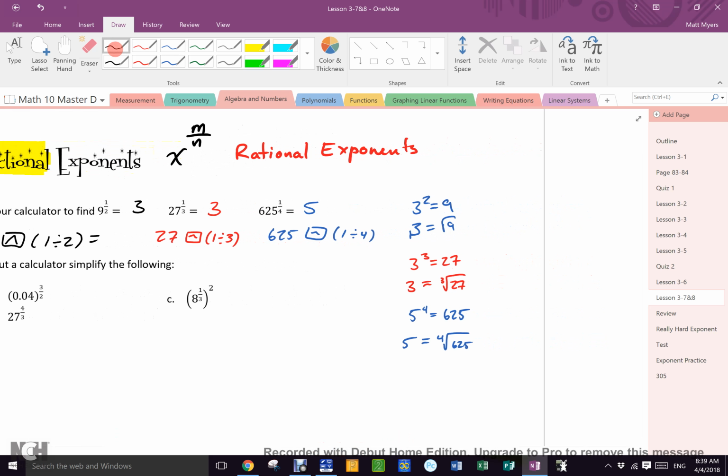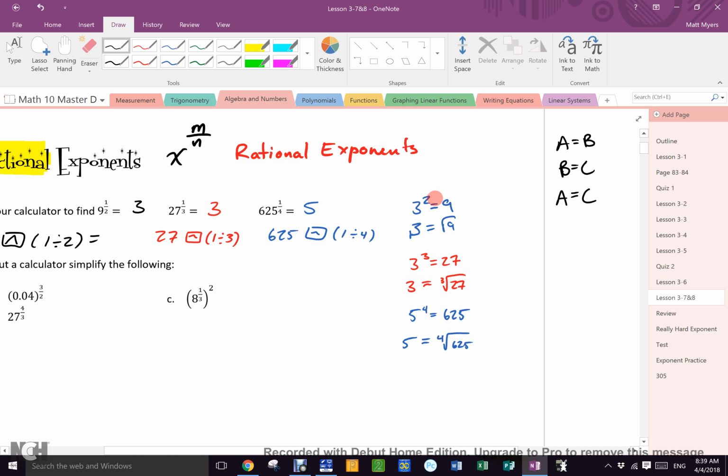But remember back a few weeks ago now, we talked about that piece of logic where if A equals B and B equals C, then what do you know about A and C? That they equal each other, right?